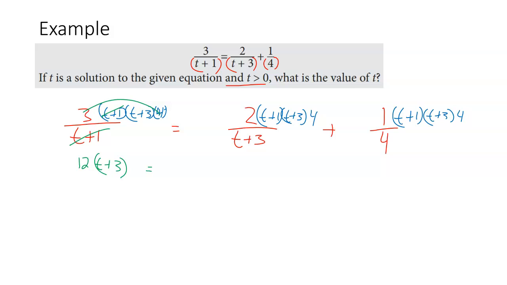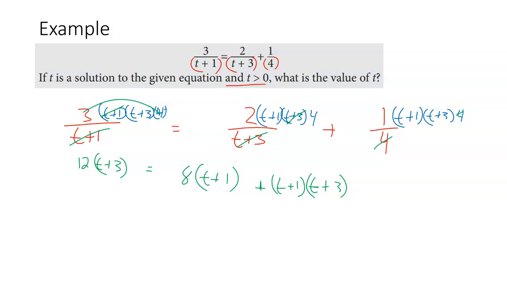I'm going to do the same thing over here. What's going to cancel in my next term? t plus 3. Leaving me with 8 times t plus 1. What's going to cancel in my last term? The 4. Leaving me with t plus 1 times t plus 3. So now my fractions are gone.